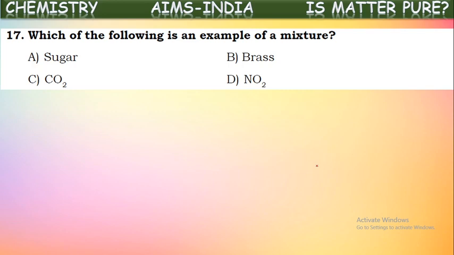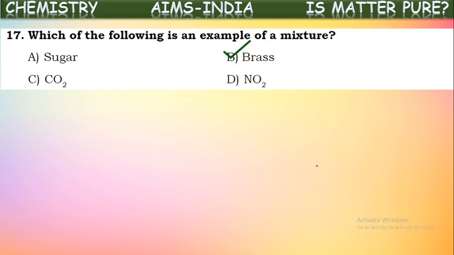What about the next one? Brass. We know brass is an alloy. What is an alloy? An alloy is a mixture formed by mixing two or more metals, sometimes with carbon. So an alloy is a mixture of two or more metals, and brass is a mixture.